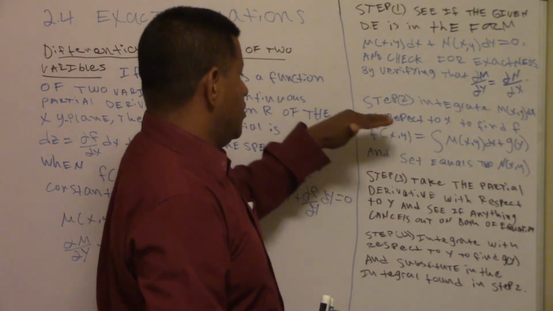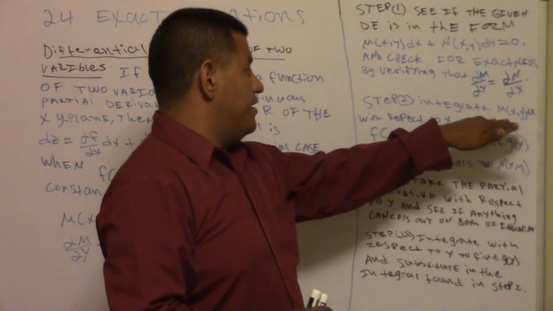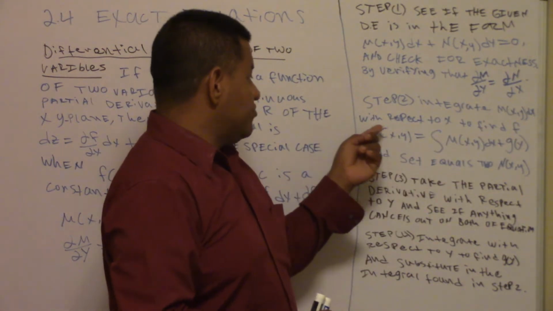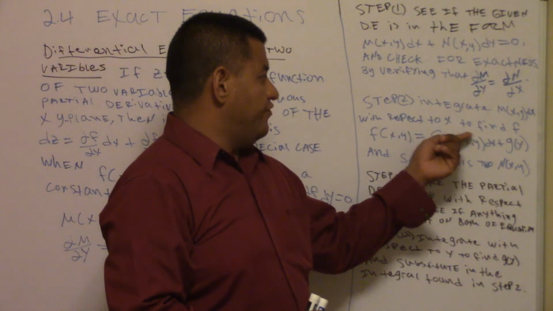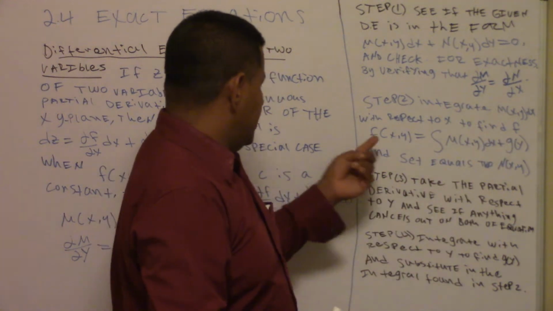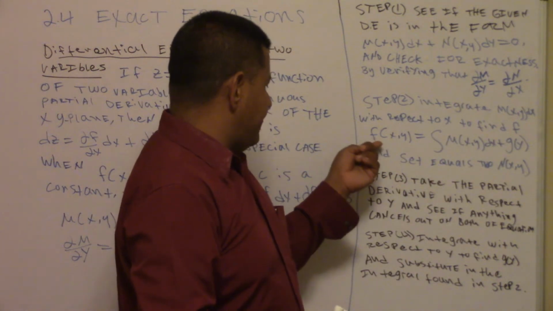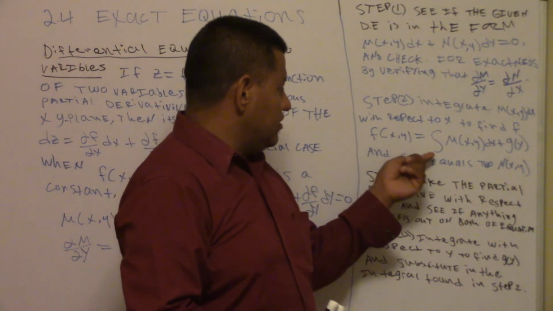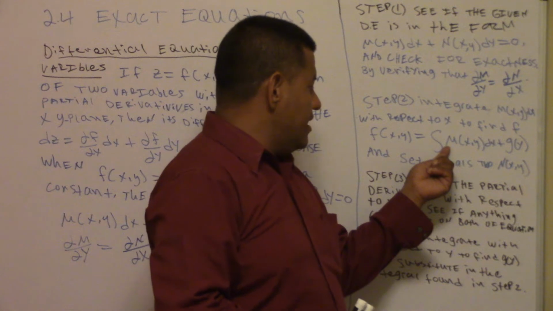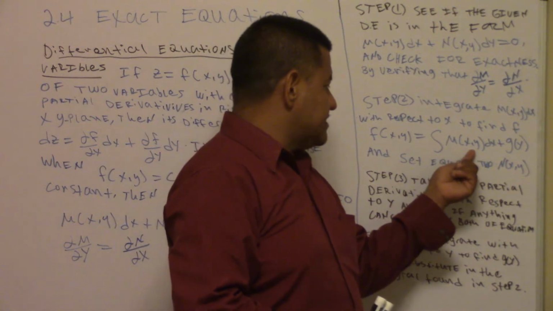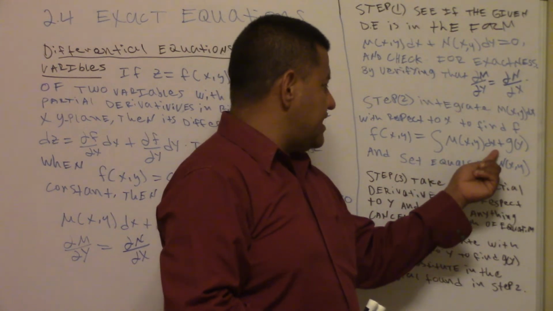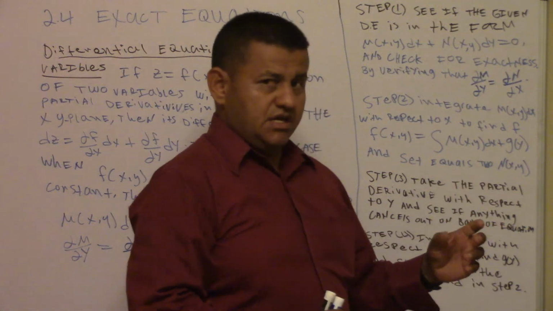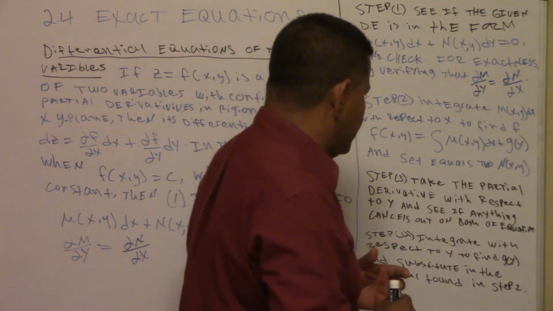And step 2, we integrate M dx with respect to x to find f, such that the function f of x comma y equals the integral of M of x comma y dx plus g of y.